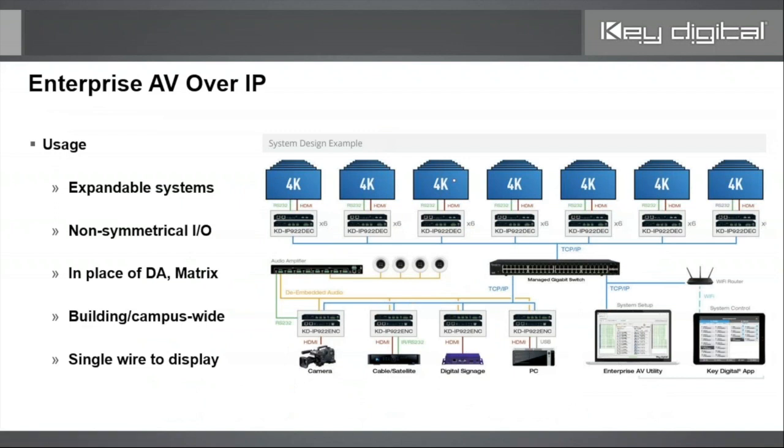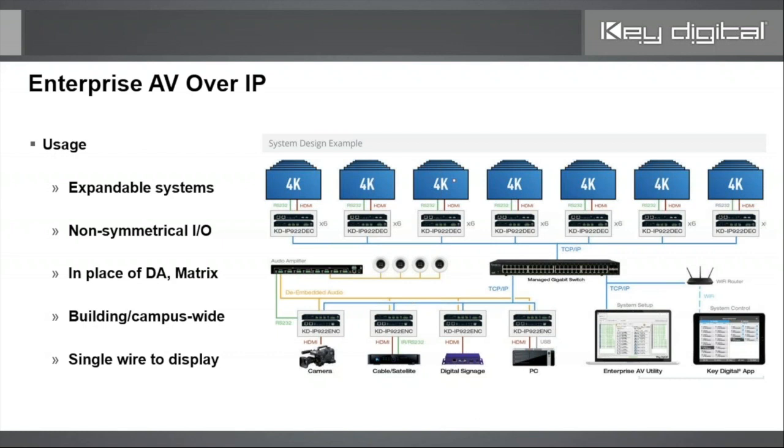You remember your matrix switchers, you know them right now, 4x4, 8x8, 16x16. Well, with AV over IP, you can build non-symmetrical systems. Here is an example, 4 sources at the bottom of the screen and 42 displays at the top of the screen. You simply purchase 1 encoder for every source and 1 decoder for every display.